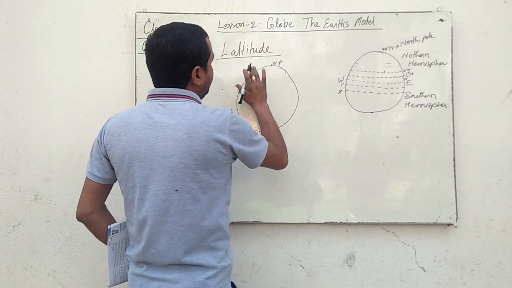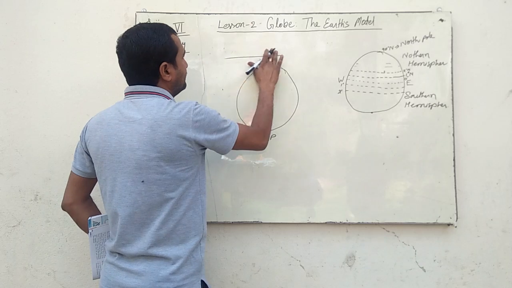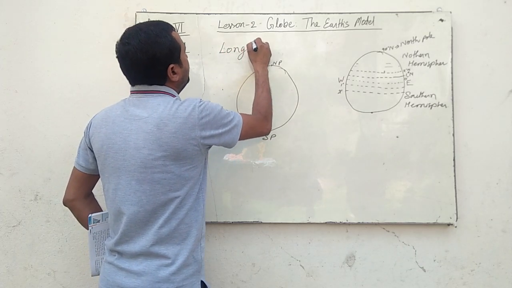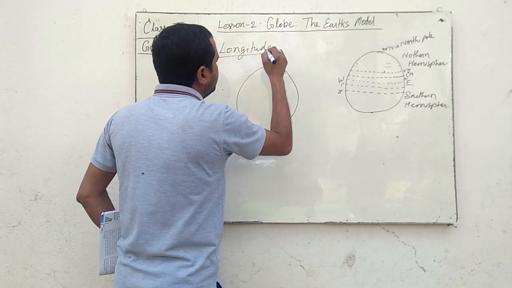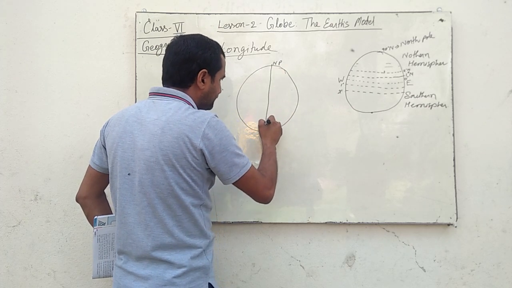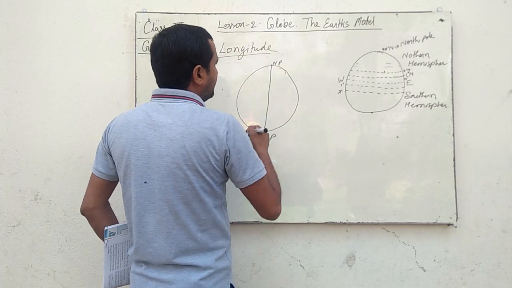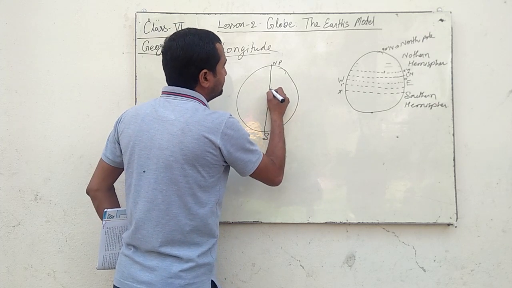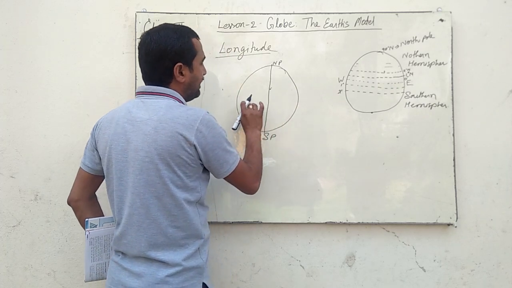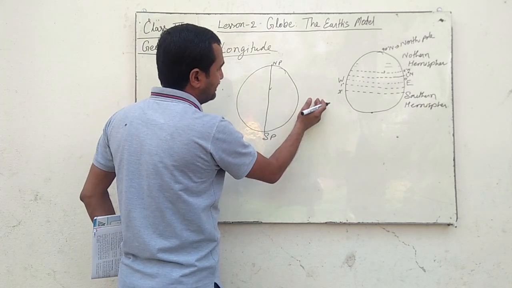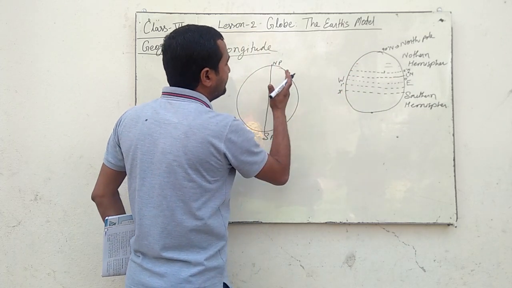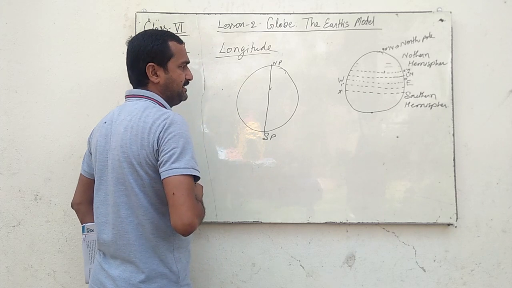Children, in longitude, the lines run from north to south. This is 0 degree. Then this 0 degree has divided the earth into two parts again. Here it was northern and southern hemisphere. Now here it is eastern and western hemisphere.